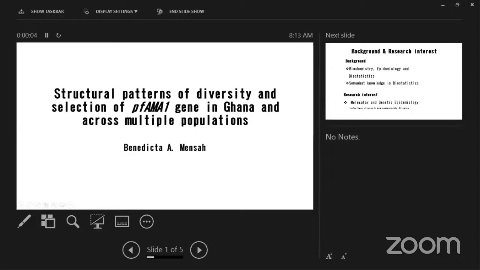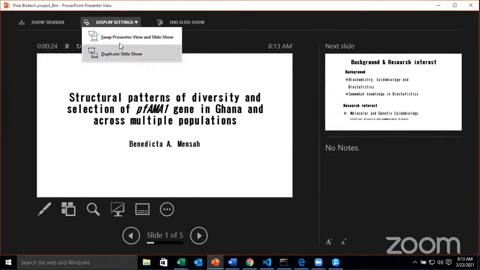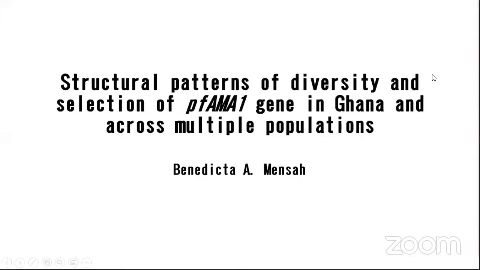Yes, we can. But you probably should change the screen because we see your presenter view. Okay. You can change it right above where it says display settings. Yeah, you see it says swap. Yeah. Okay. Now we see it.